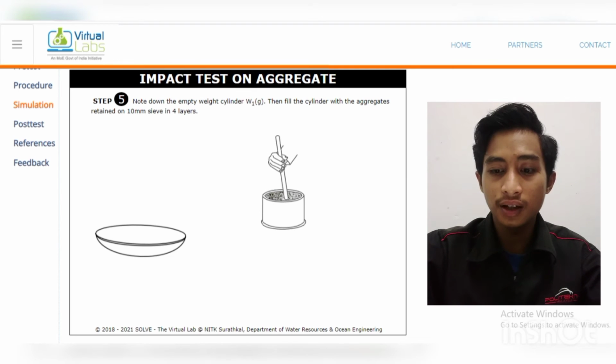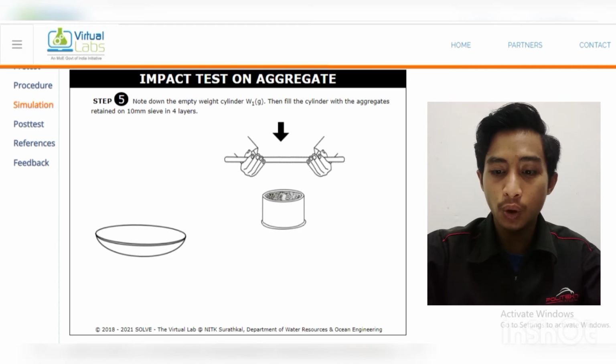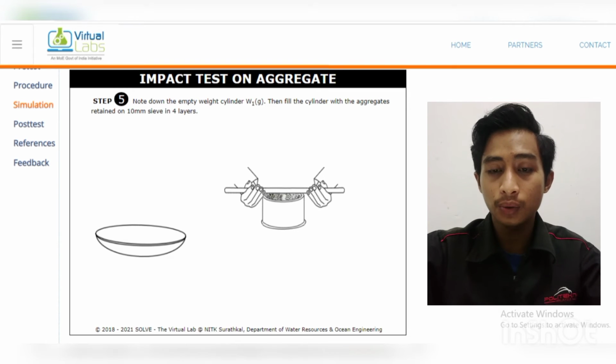The question is, tamping process is done to obtain uniform compaction and to avoid voids. The answer is true.